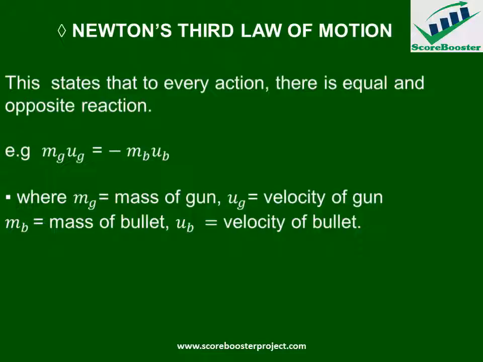For example, if you consider the gun and the bullet, the momentum of the gun is equal and opposite to that of the bullet. And mathematically, that can be given as mg ug equals minus mb ub. Mg is the mass of the gun, while ug is the velocity of the gun, mb is the mass of the bullet, while ub is the velocity of the bullet.